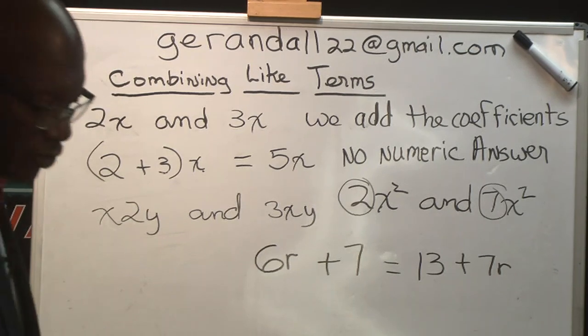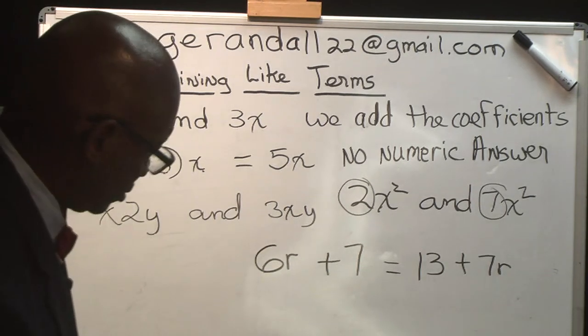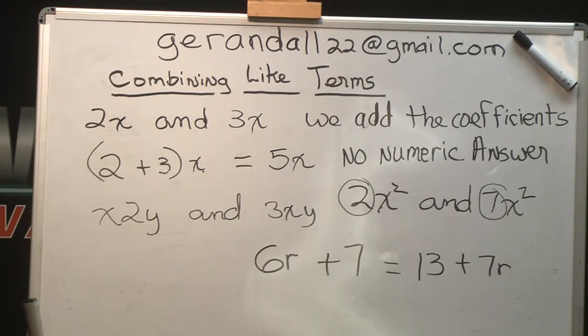Now I have a question for you. Looking at x times 2 times y and 3x, or 3 times x times y, are they the same terms? Yes or no?